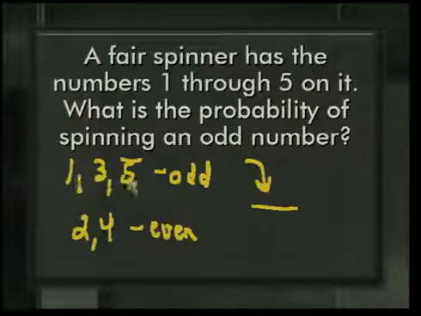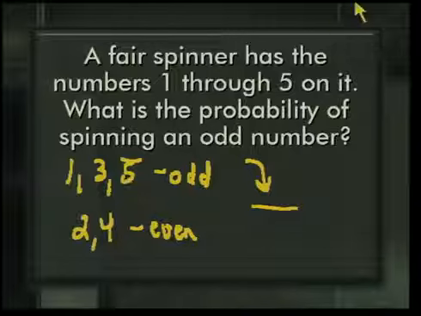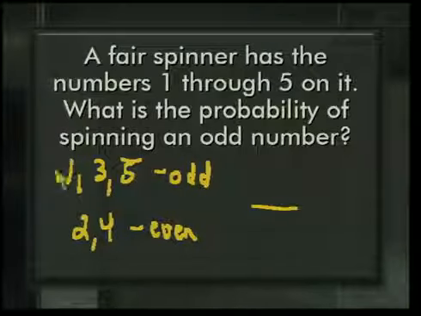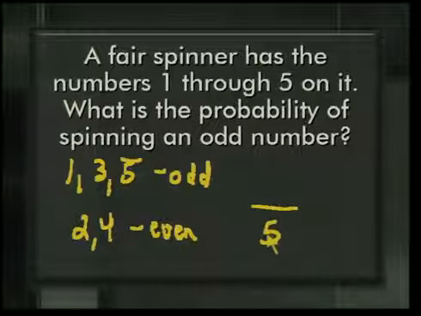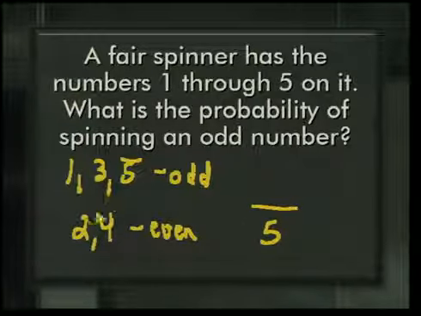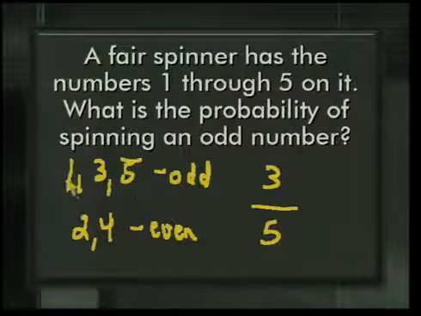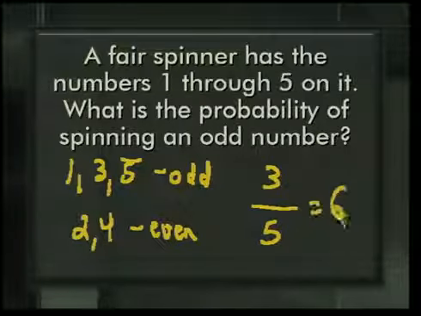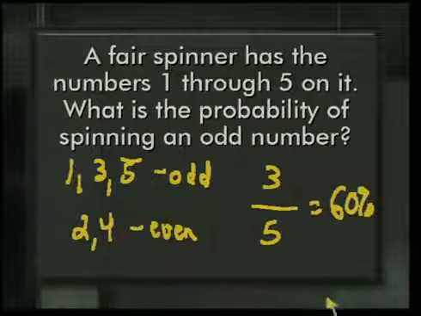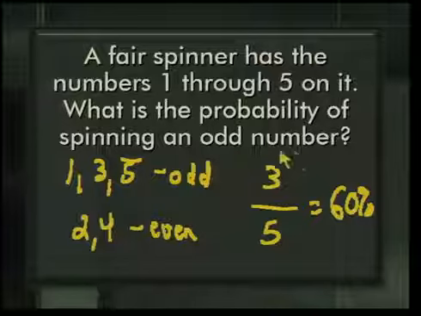It's how many numbers. So what I want to put up in the top, how many numbers are there? Of the 5, there's 5 possible outcomes. How many of these 5 numbers would be a success? Well, 3 of the numbers, 1, 3, 5. 3 out of 5, and that would be 60%.